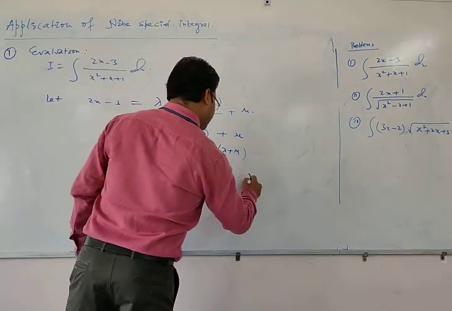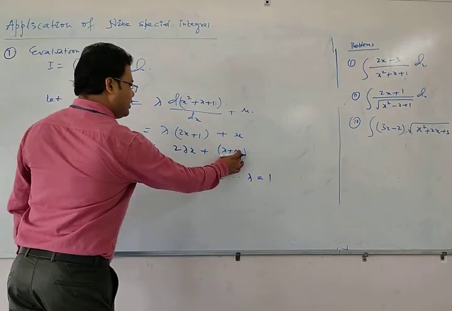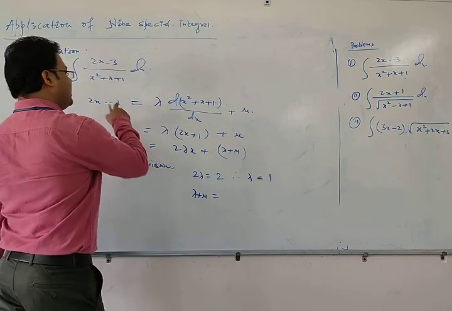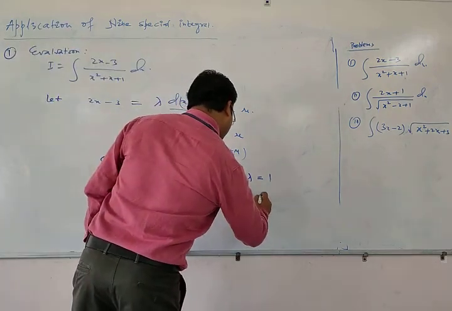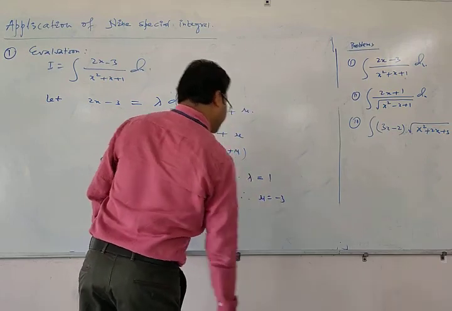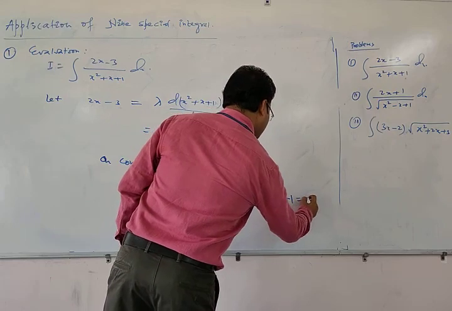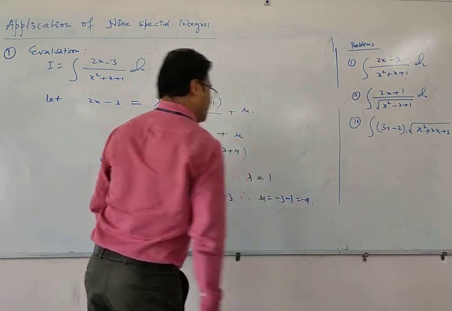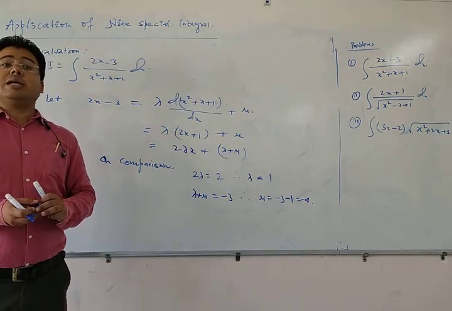This implies lambda is equal to 1. And the constant term on the right hand side is lambda plus mu, and the constant term in the left hand side is minus 3. So therefore mu is equal to minus 3 minus lambda. And in place of lambda you can use 1, so it becomes minus 4. Here we get the value of lambda and mu using the comparison method.